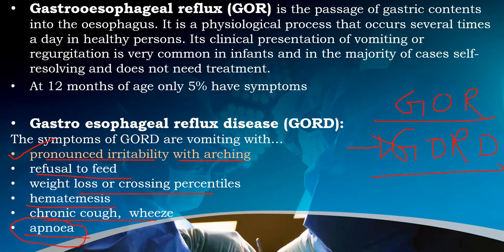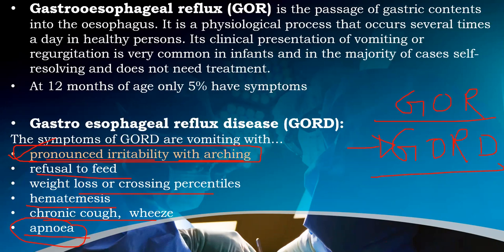So that will also be covered in the well baby question. And this one, pronounced irritability with arcing of the back, you will ask in the general appearance of the physical examination. So you will ask, is there any arcing of the back? Okay, so this is how you can rule out gastroesophageal reflux disease. It's very important to ask in the history, also in the PEFE. Apart from that, everything is the same.